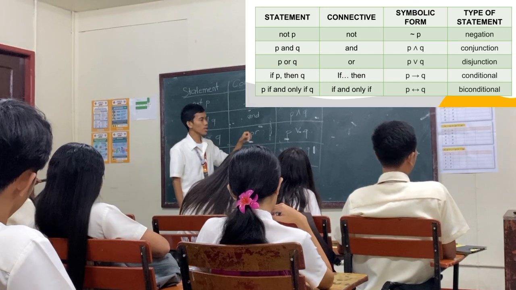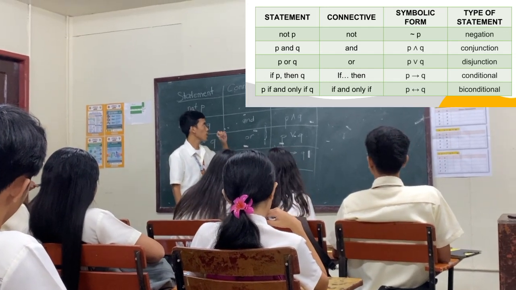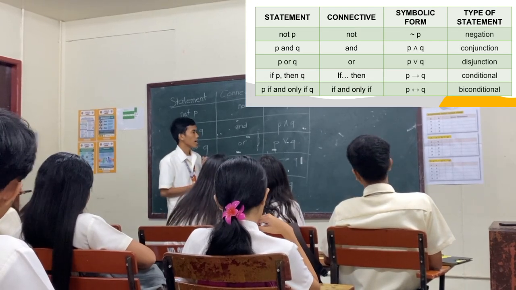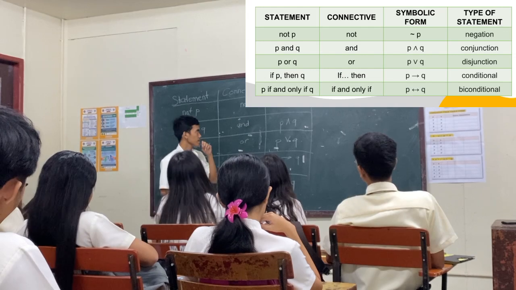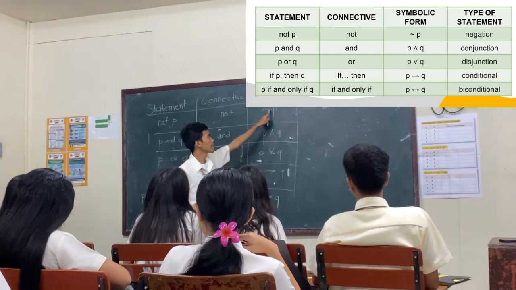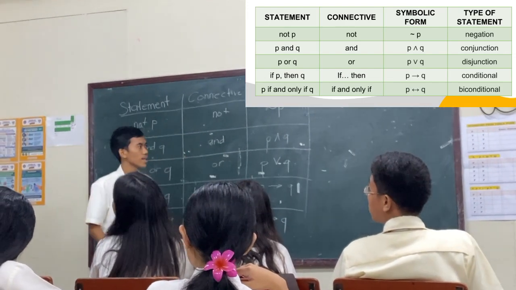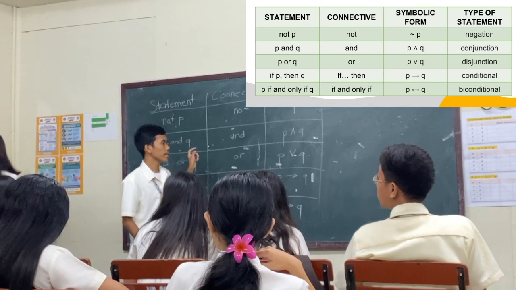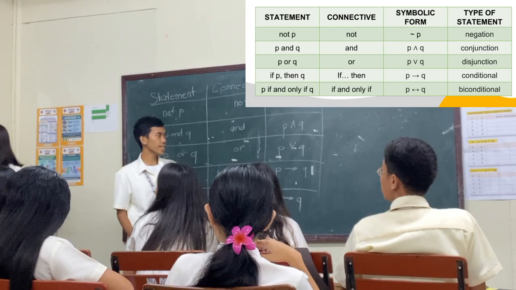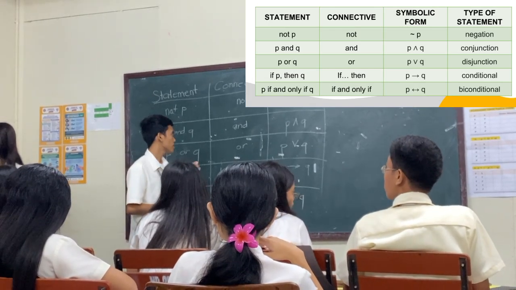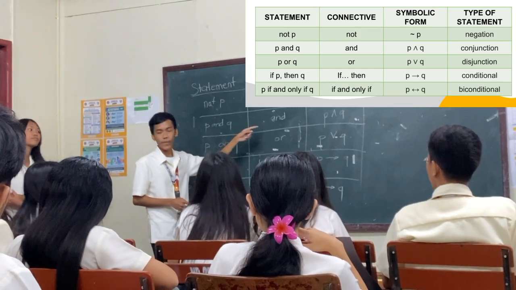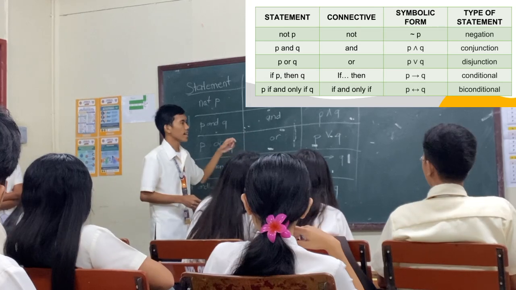So the symbol that we use to form that statement is this one. When we are forming a statement using not, it is called the negation. The next one is the conjunction.